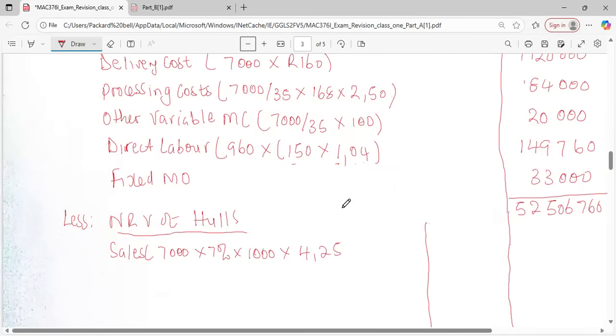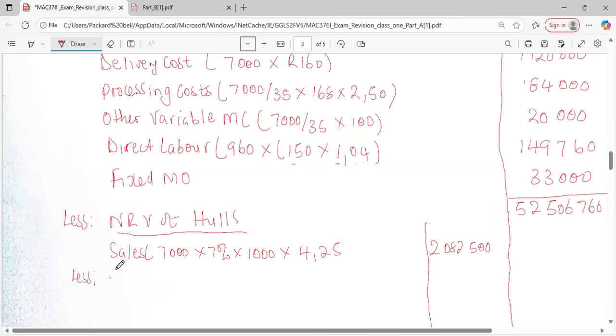I'm getting 2,082,500. I don't know if you guys are getting the same as mine. Yes, it's the same.